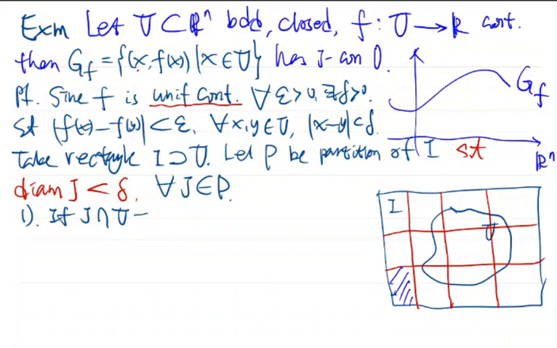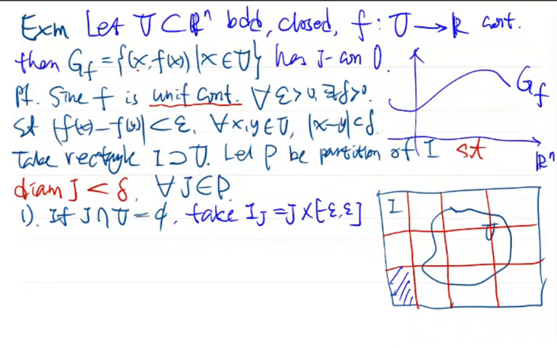For such a subrectangle, we take Ij to be J Cartesian product with a small interval.